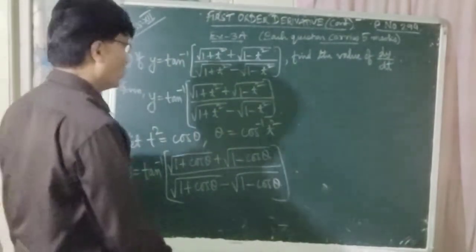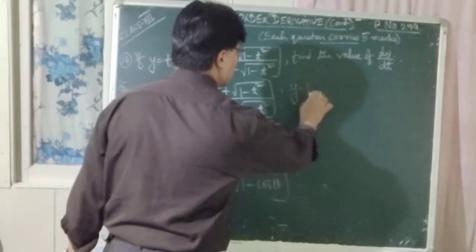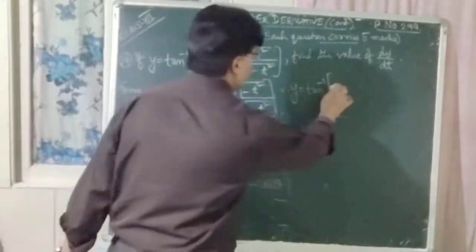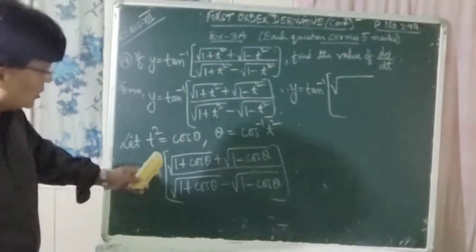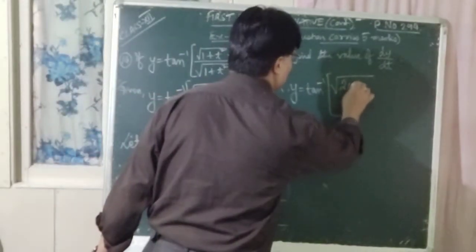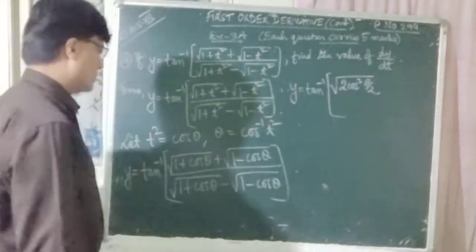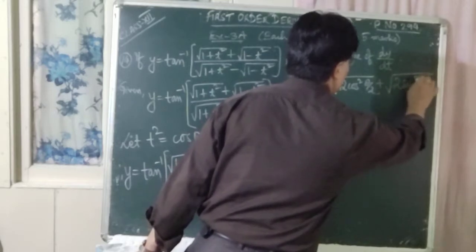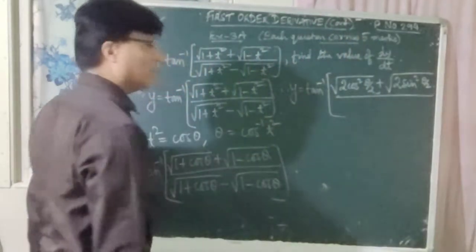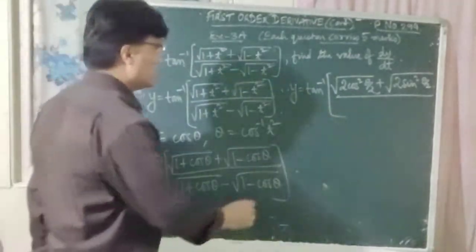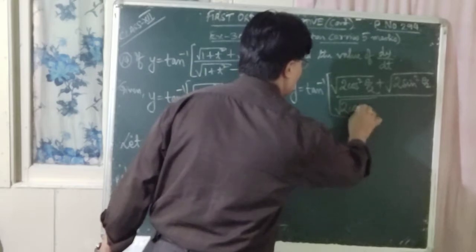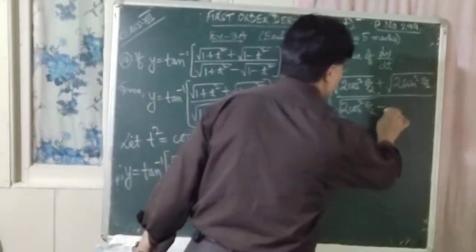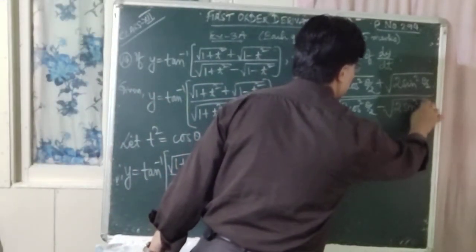Therefore y is equal to tan inverse of, within the bracket, square root of 1 plus cos theta, which is 2 cos square theta by 2, plus root over 1 minus cos theta, which is 2 sin square theta by 2, divided by, in the denominator, root over 2 cos square theta by 2 minus root over 2 sin square theta by 2.